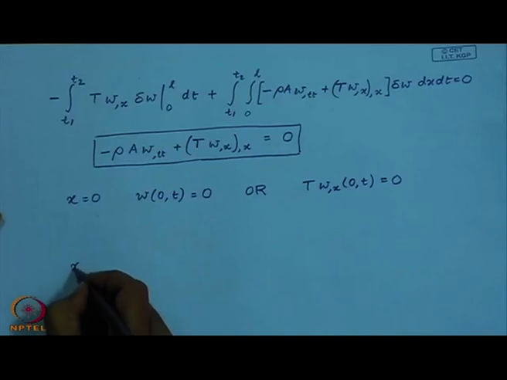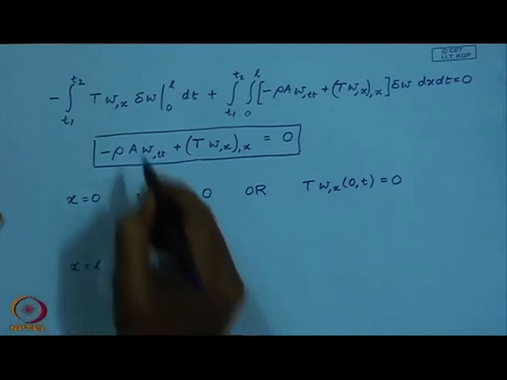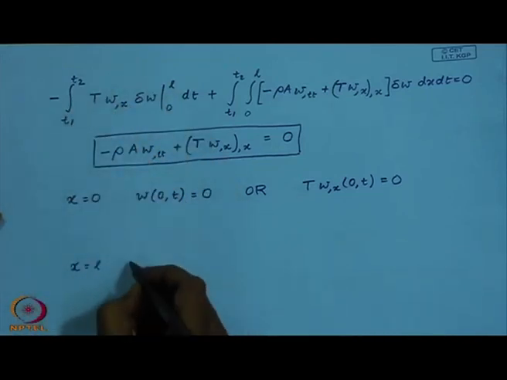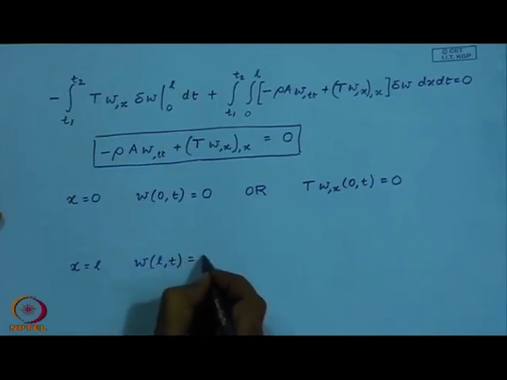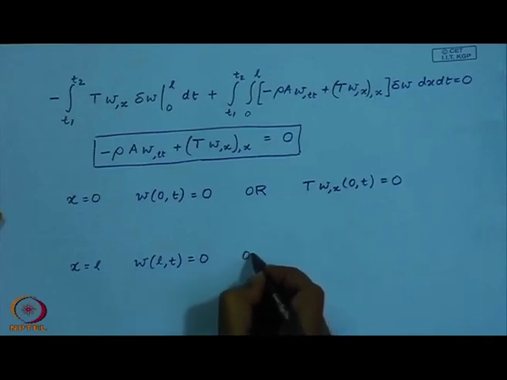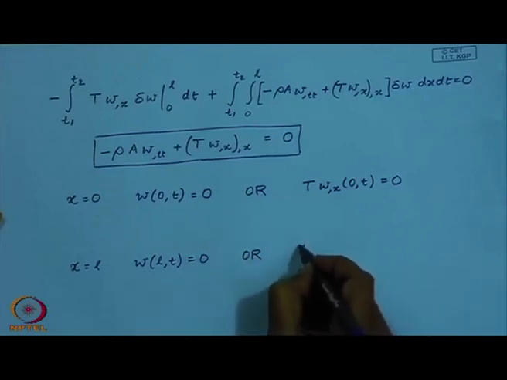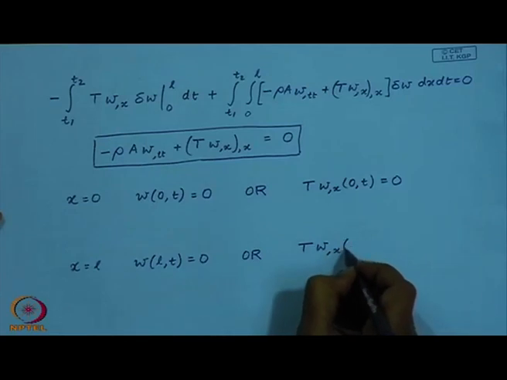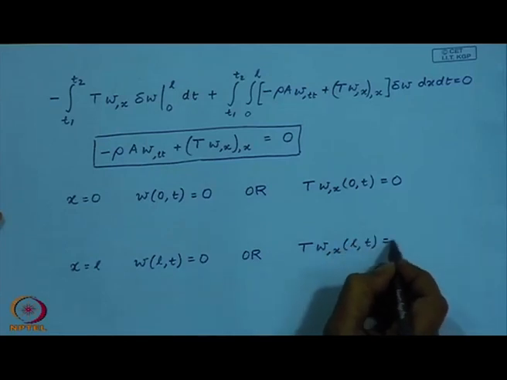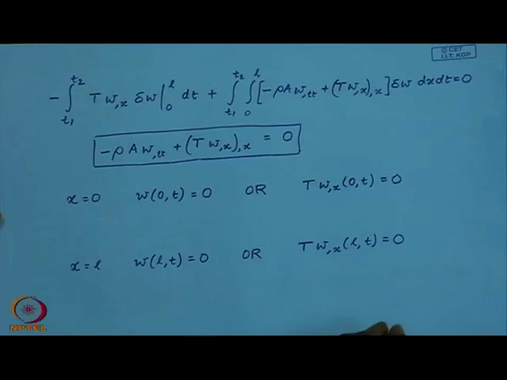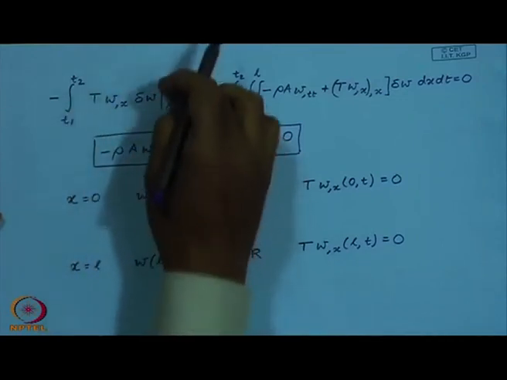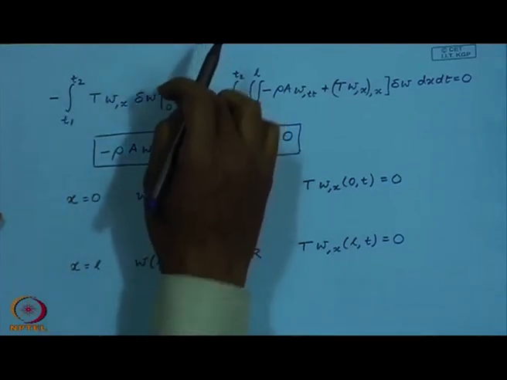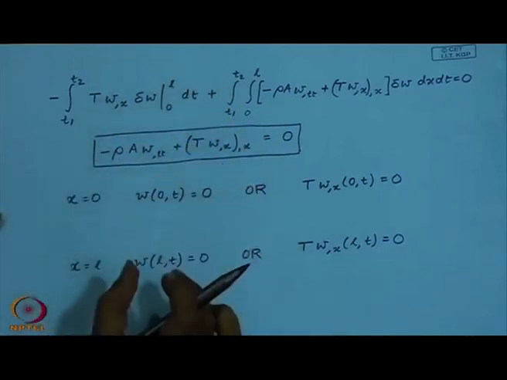Similarly, at x equal to L, this can vanish if w at L is fixed, or this term is 0 at x equal to L. Now, since this is being evaluated at x equal to 0 and x equal to L, both terms now must vanish.